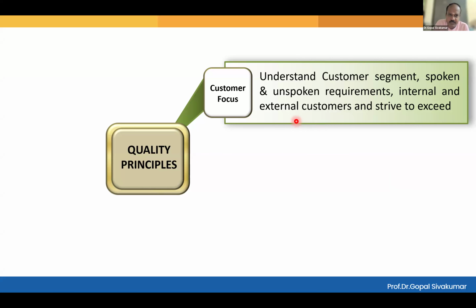The regulatory body will immediately come into the picture and ask you to pay some penalty, or may halt your production, or put some specific conditions. So where can we put the regulatory body? Shall we put them under the internal customer or external customer? Come on, tell me. External customer.